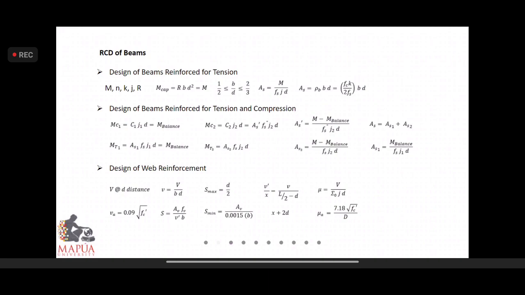So for top bars in tension, the allowable is 7.18 square root of F C prime over D, other than top bars in tension 10.14 square root of F C prime over D, and for all compression bars we have 0.54 square root of F C prime. Then we set the beam section detail.